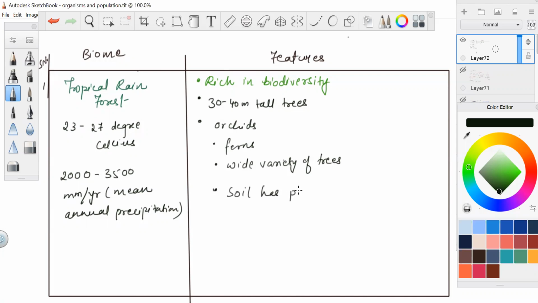Soil has poor nutrient. So rich in biodiversity means trees and plants are rich here also, and orchids, vines also you can write. And here you will see more species of insects, reptiles, amphibians.